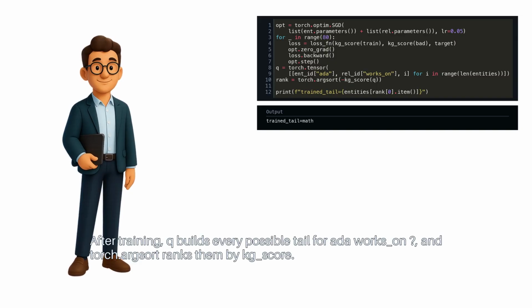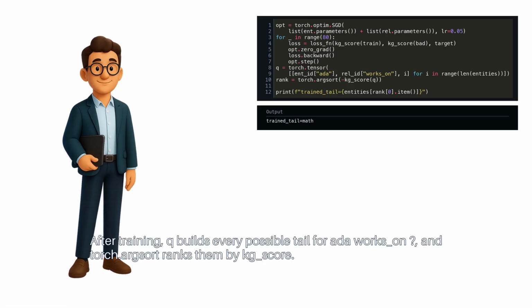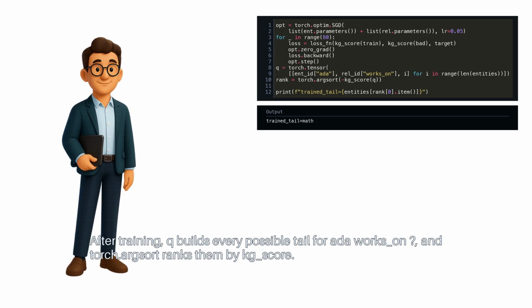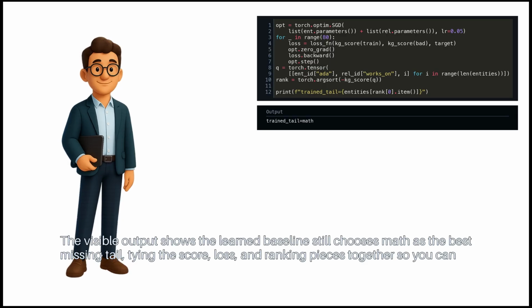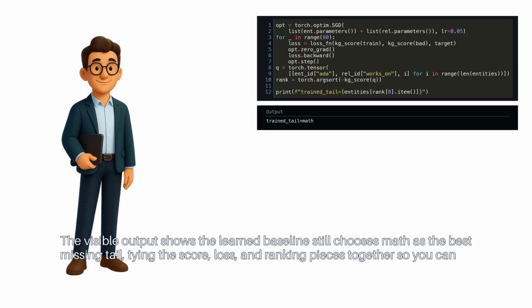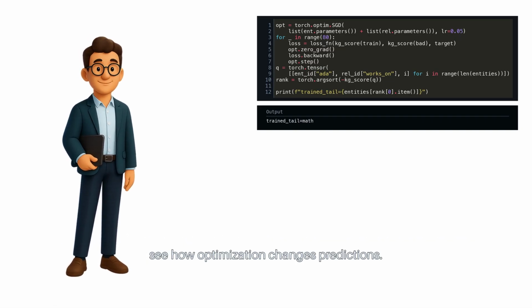After training, q builds every possible tail for Ada works on ?, and torch.argsort ranks them by kg_score. The visible output shows the learned baseline still chooses math as the best missing tail, tying the score, loss, and ranking pieces together so you can see how optimization changes predictions.